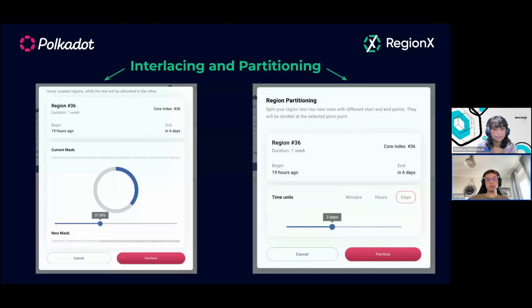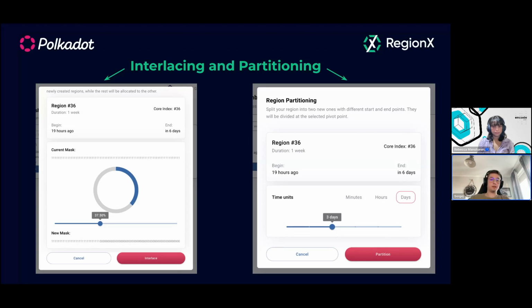So interlacing and partitioning, these are two ways you can split a region. Interlacing essentially allows you to buy an entire core and split it in two ways such that both of them, let's say, have 50% of the core's resources. This means that you can have two projects simultaneously use a single core.